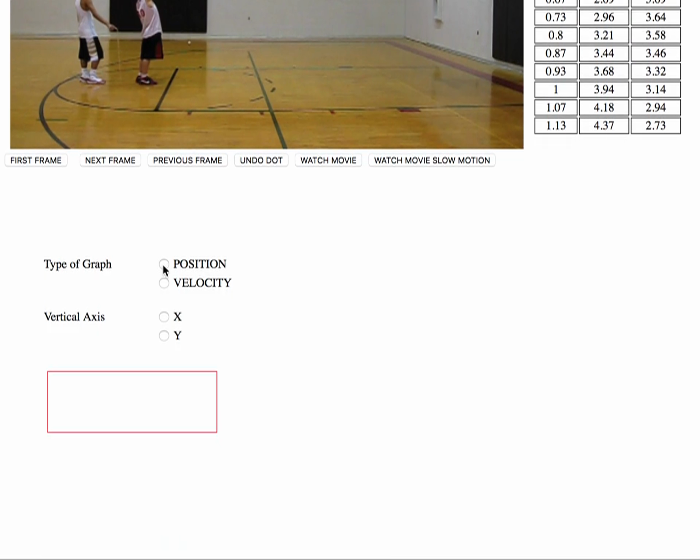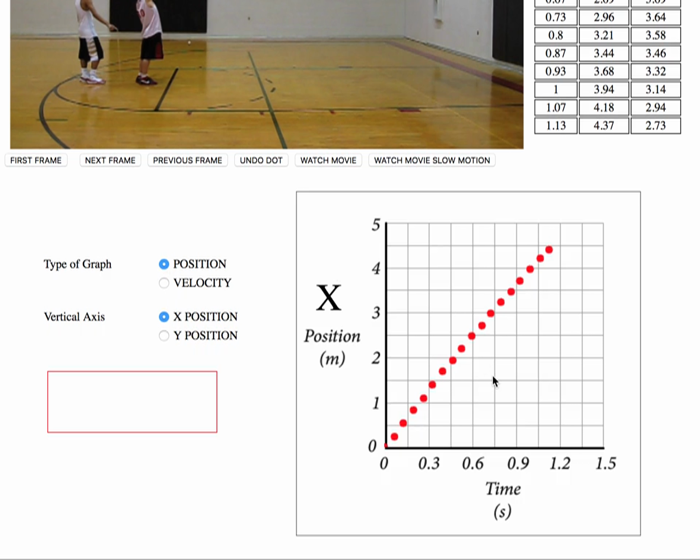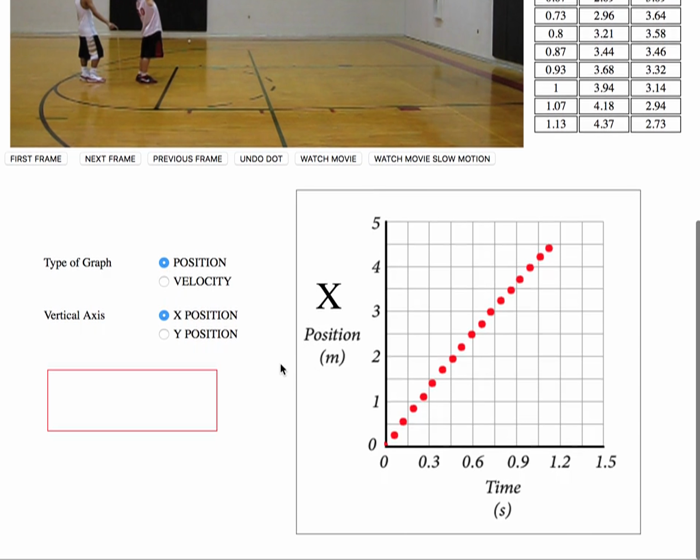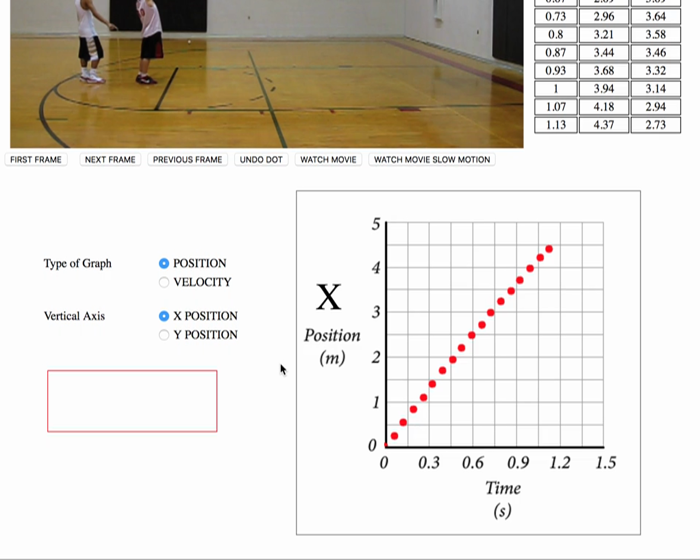So I am going to select position in the X dimension, and here is the graph that forms. In your notes where it says data collection, there is a place for you to sketch the position graph in the X dimension. You do not have to copy down the exact graph, meaning you don't have to write down the numbers on the scale, but I do expect you to plot the basic shape.